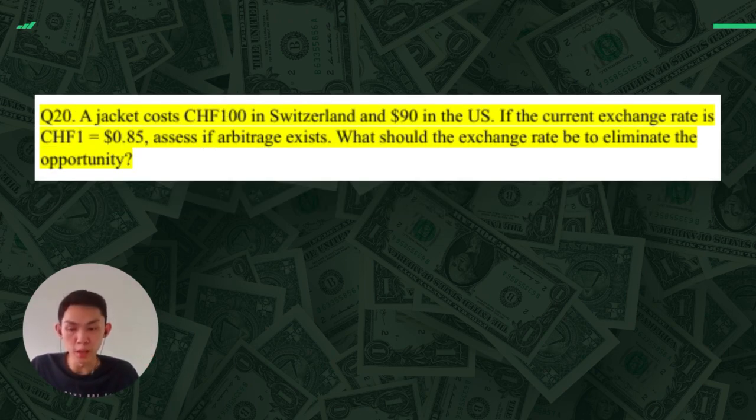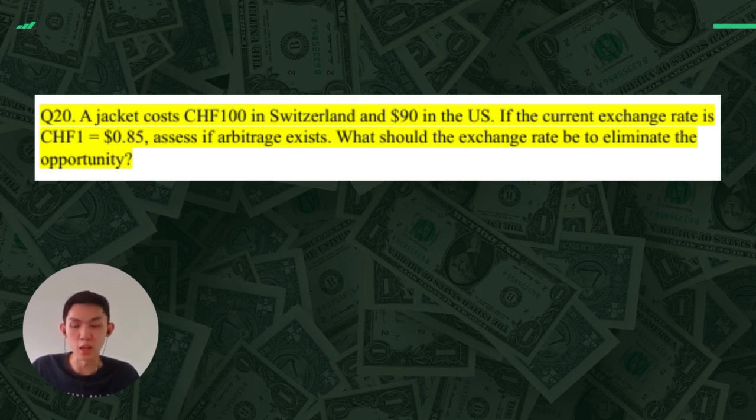So for question 20, we have to convert the price into US dollars first. So we use CHF 100 times 0.85, then we will get $85. So $85 is the converted price, and then the $90 is the price in the US.